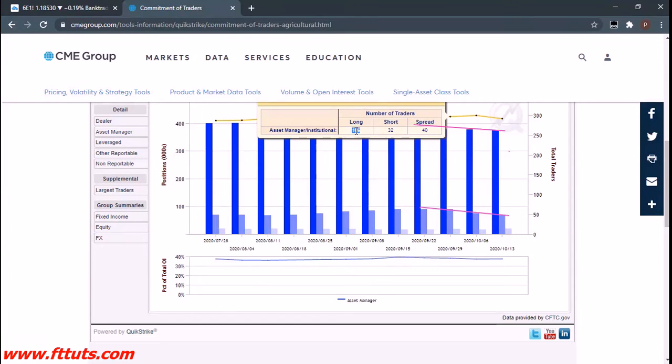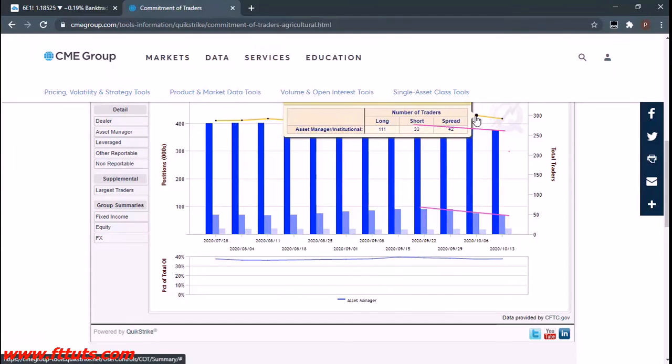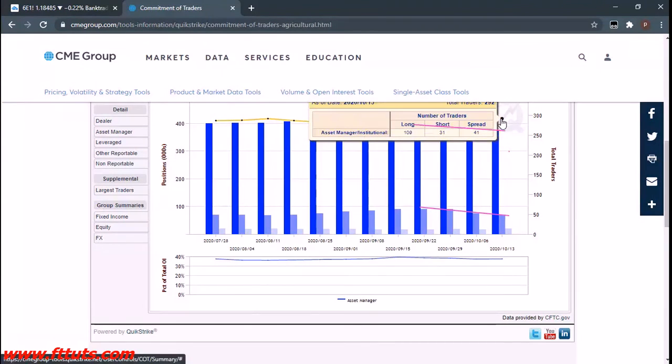So probably these two traders decided to jump to the short side because we were at 30 and now we're at 32. And then two more traders came in on the long side to make it 111. And one trader came in here to make it 33. Two traders out, two traders out, both sides. This makes sense. Price is neutral. Longs are being closed, shorts are being closed.